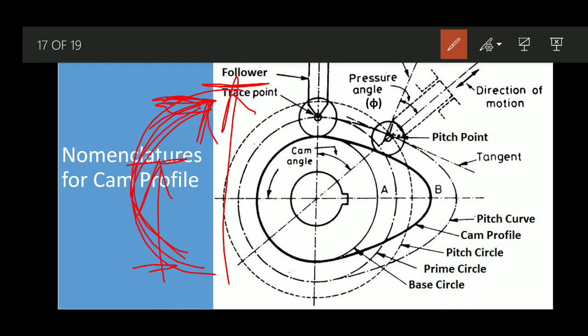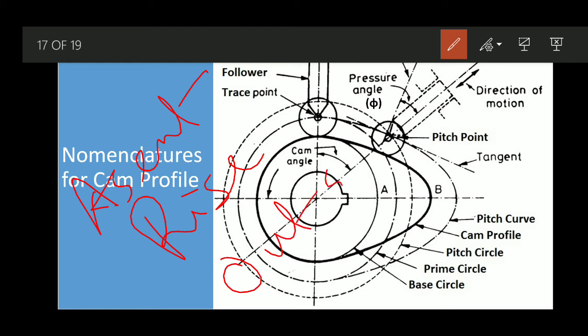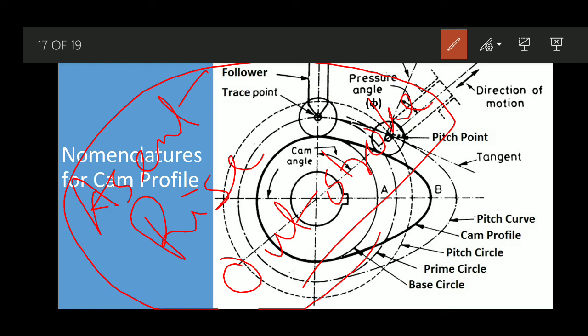That particular angle is known as the ascent angle or angle of ascent, also known as the rise angle, angle of rise, or sometimes the outstroke angle. All are the same thing. Sometimes it is also called the high stroke, outstroke or ascent stroke. Everything has the same meaning: the follower is moving up from the lower position.